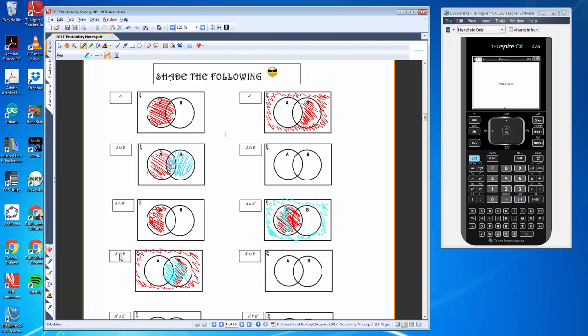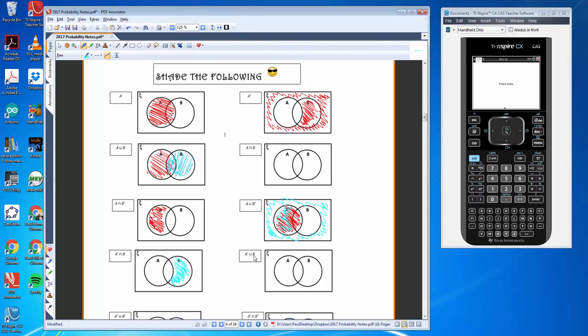Now we've got an and, so they're being anded. That means we're looking for the double shading. And that happens here. So in fact, to finalize our shading on this one, it'll just be this B only. So not A and B is another way of saying B only.